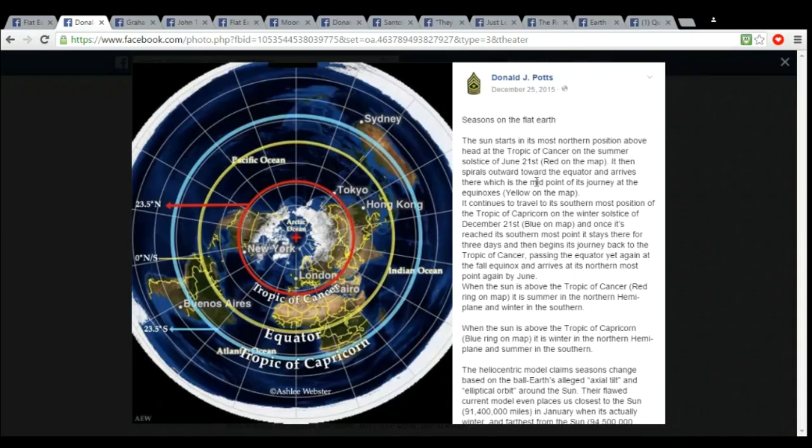It then spirals outward toward the equator and arrives there, where it is the midpoint of its journey, at the equinox, yellow on the circle. It continues to travel south to the most southern position of the Tropic of Capricorn on the winter solstice of December 21st, blue on map.